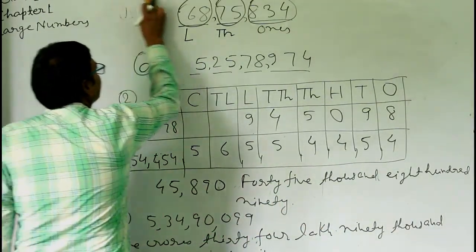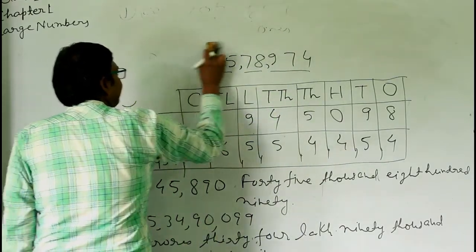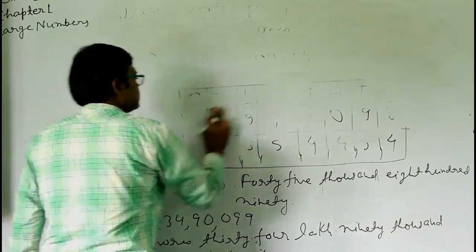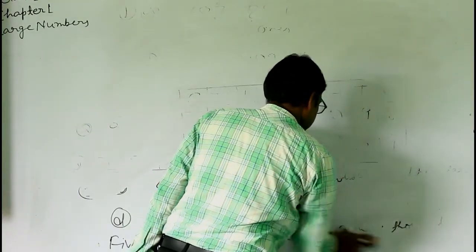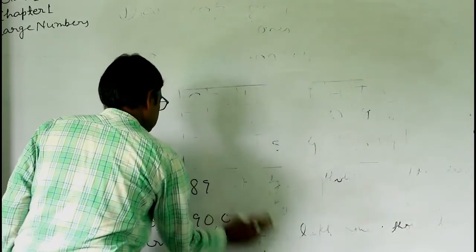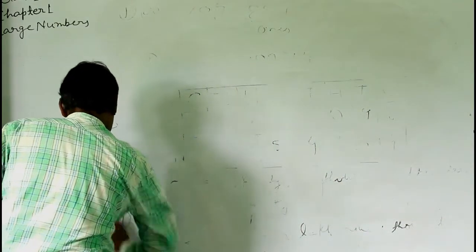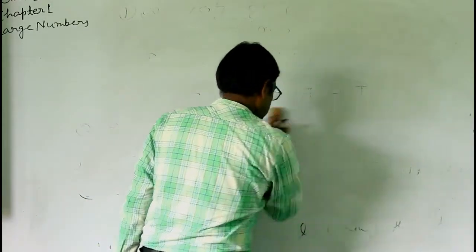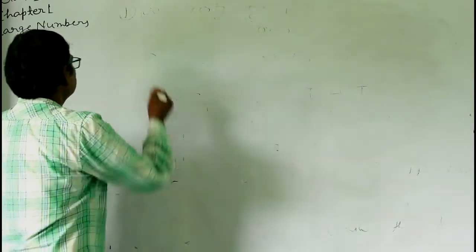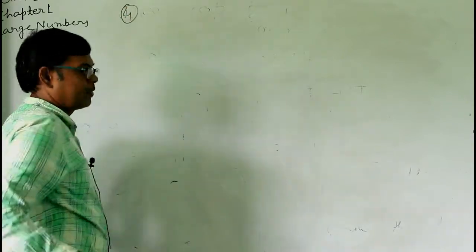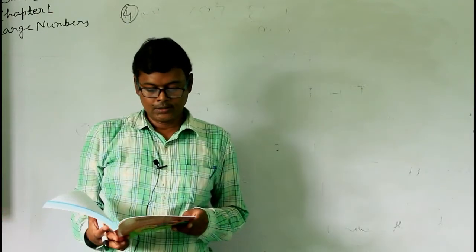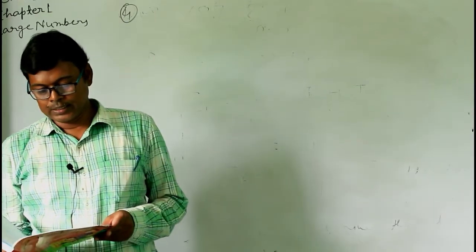So in this question number 4, the first number is 62 lakh 75,490.